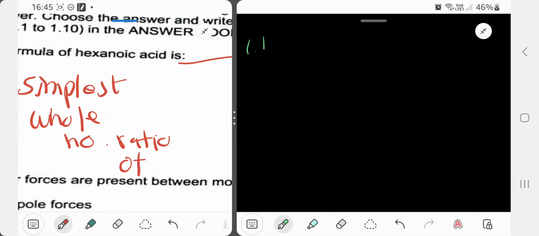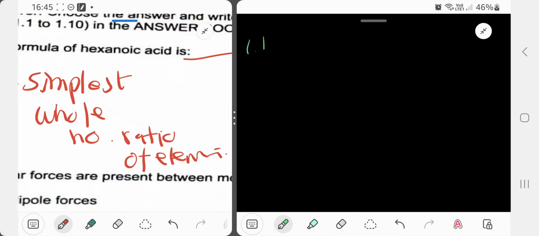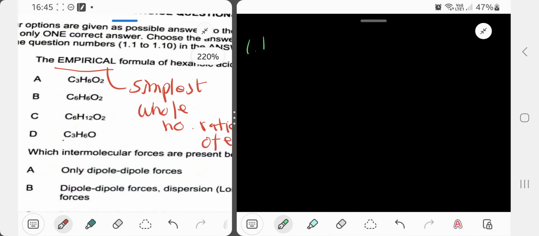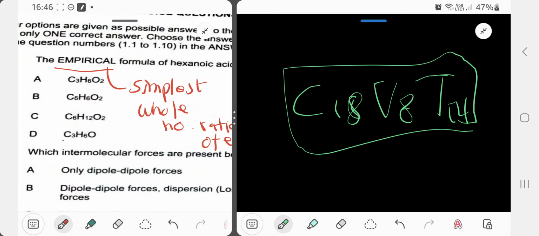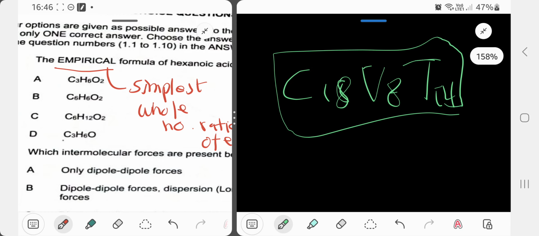What we need to understand is that if we had C18, V8, let's just make it even numbers, plus T for Tapelo, T14, this is the actual compound, CVT. But the empirical formula will be the simplest whole number ratio of each of the elements in the compound.